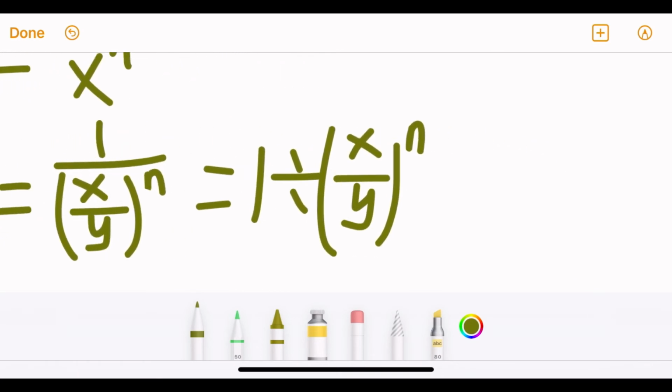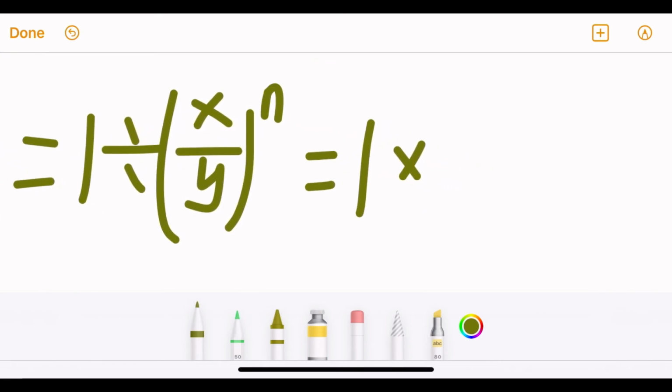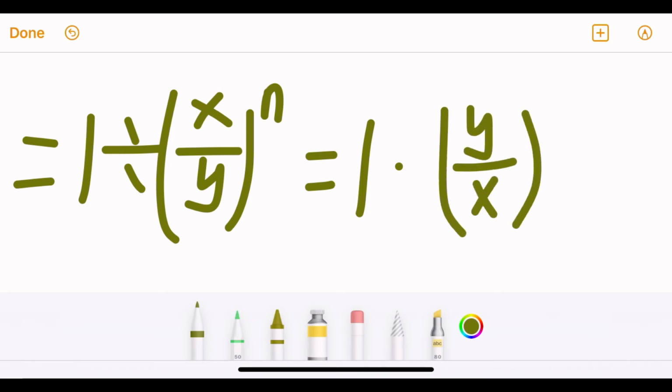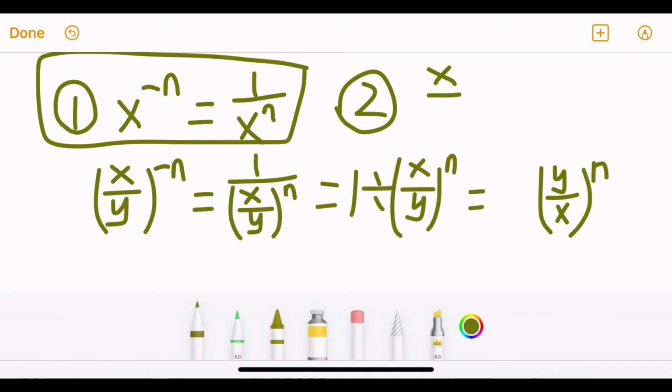When we have division, it is basically taking the reciprocal of x over y, so it equals 1 times, and I'm going to write that times as a dot so as not to confuse it with the x, y over x to the power of n. Therefore, 1 times anything, I can ignore that 1, so I'm going to rub this out. So we just get y over x to the power of n. The second rule you do not need to memorize once you know the first one.